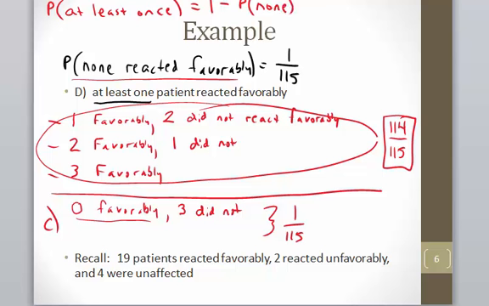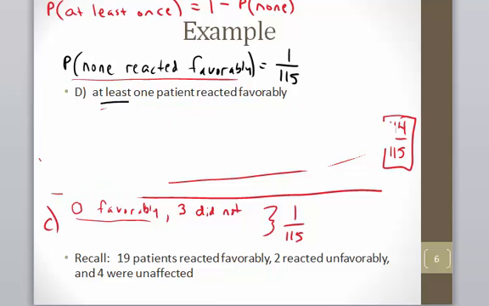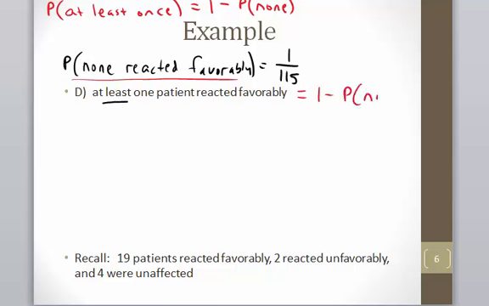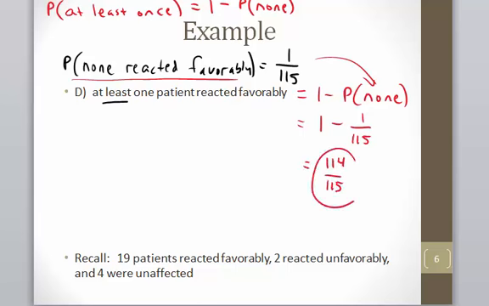All right, and so you can see that if we had just simply gone by the formula, we could have done it a little more straightforwardly by saying that the probability of having at least one patient react favorably would be equal to 1 minus the probability that none reacted favorably. And remember that we already know that answer. So 1 minus 1 over 115. And again, that's going to give you 114 over 115 as your final answer.